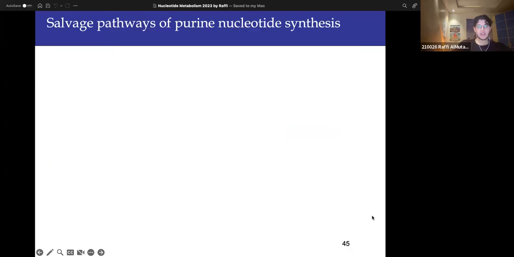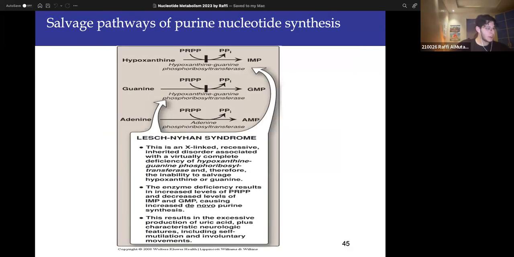Now there are two other diseases. This is a disease called Lesch-Nyhan syndrome. This is a very bad disease. Characteristically, these patients will try to bite their fingers or their lips off from how much pain they're in. This is X-linked recessive, and it affects an enzyme called HGPRT.